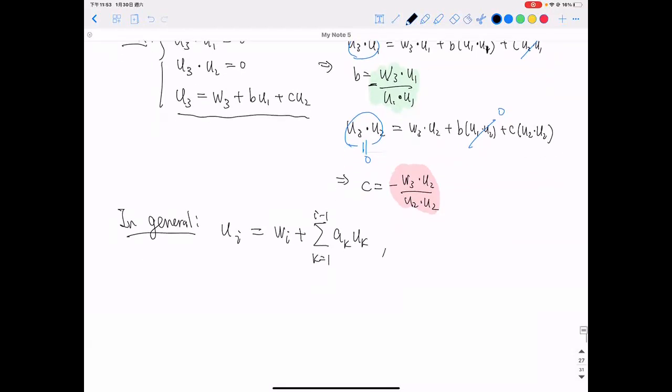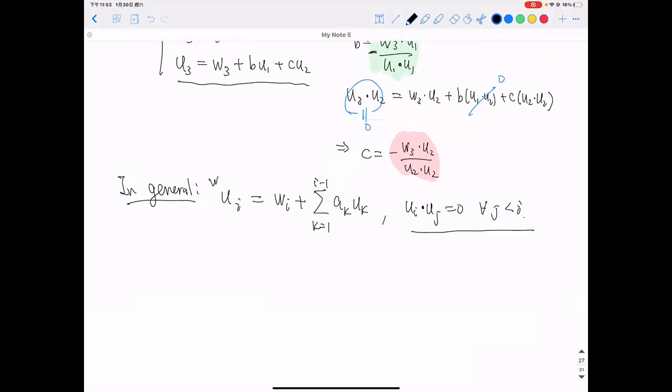And we want Ui dot Uj to equal 0 for every j less than i. In other words, we inductively construct these U's. When we have U1 through U_{i-1} constructed, we use them to construct Ui, and require that Ui be perpendicular to U1 through U_{i-1}.